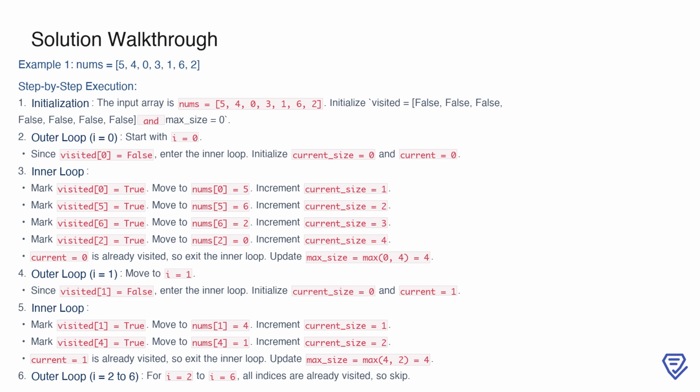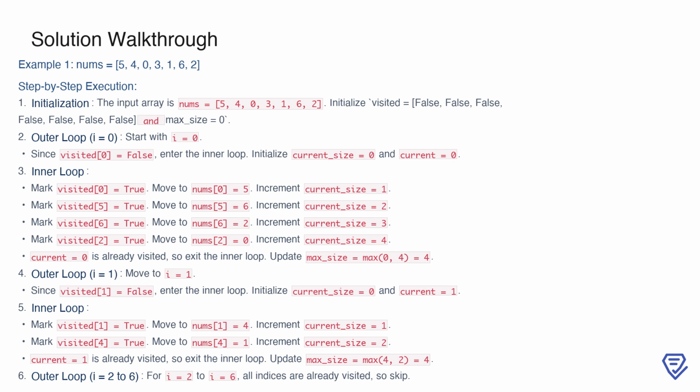Continuing, we mark visited[6] as true, move to nums[6] equals 2, and increment current_size to 3. Finally, we mark visited[2] as true, move to nums[2] equals 0, and increment current_size to 4. At this point, current is back to 0, which is already visited, so we exit the inner loop.